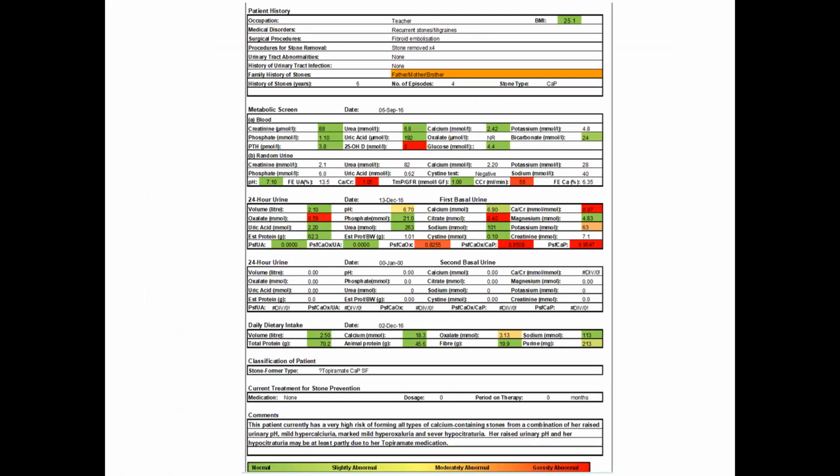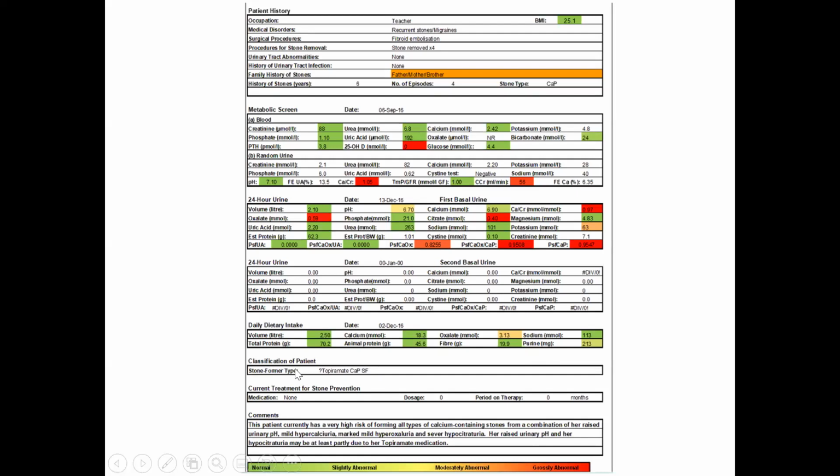This is the stone report we issue for the patient. This is the integrated report. It includes all the patient details and metabolic screen: the blood test, the 24-hour urine collection, the 24-hour urine acid collection, and the daily dietary diary. I'm not sure you can clearly see, they measure the calcium, animal protein, oxalate, fiber, sodium, and purine, depending on the diet we entered.